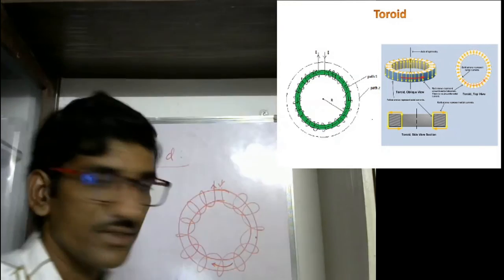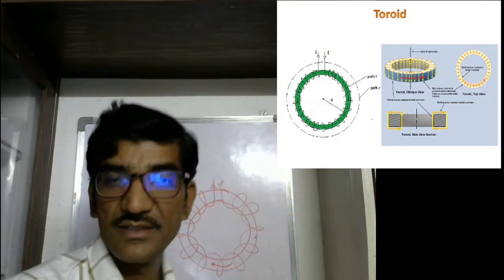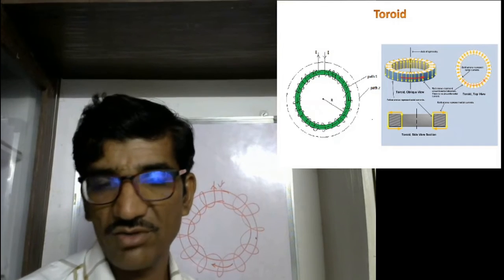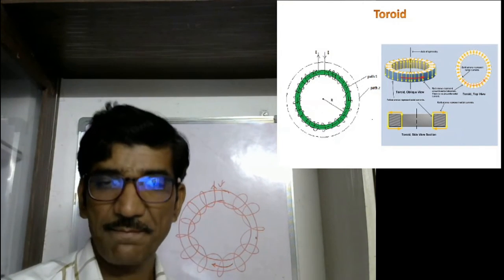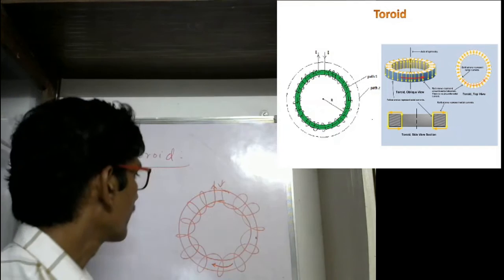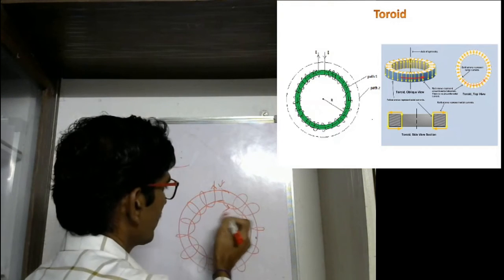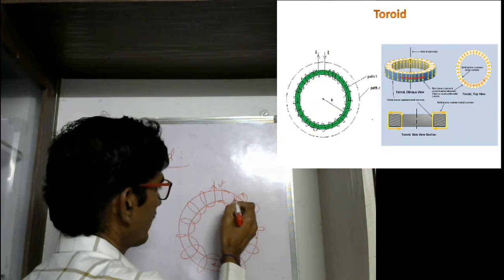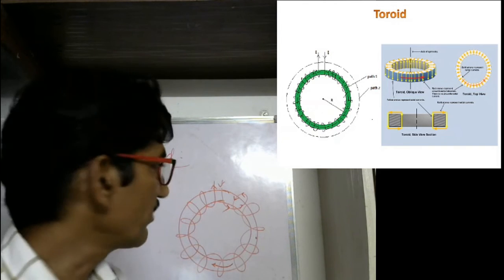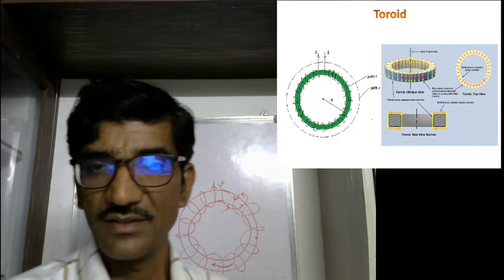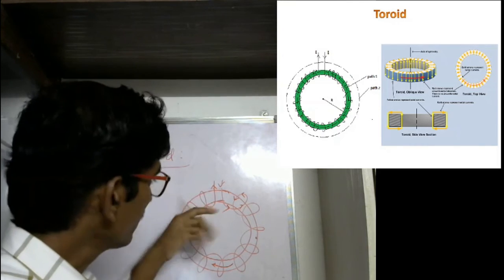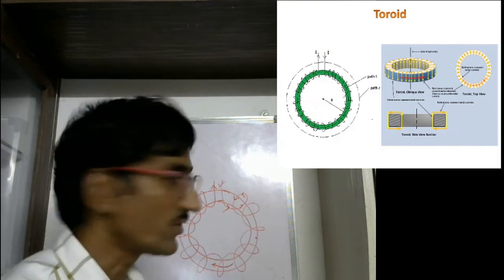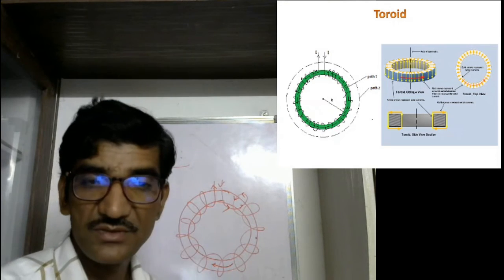Now you can see in the slide the direction of the current, how the current is rotating like this. Your current is coming like this. How many arrows are there? If it is a rectangular torus, then 4 sides are there, 4 arrow marks, 1, 2, 3, 4.